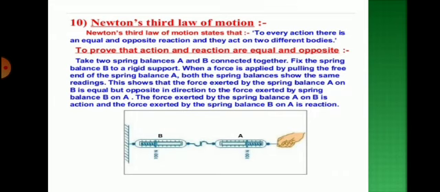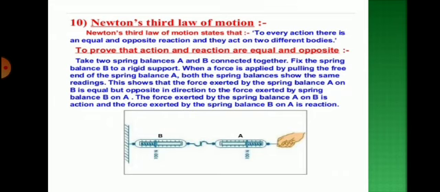It means action and reaction act on two different bodies interacting with each other. Whenever two bodies interact with each other, they exert equal and opposite force on each other. Of these two forces, one is an action and another is the reaction.